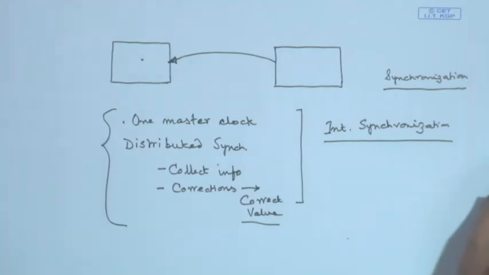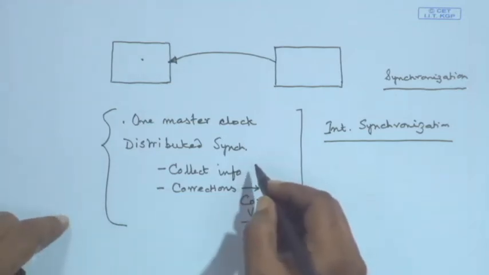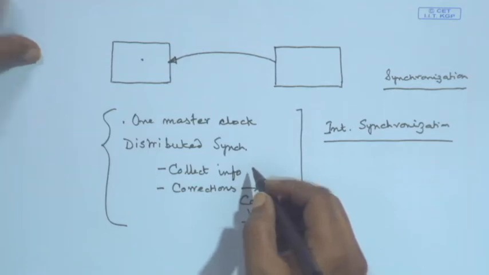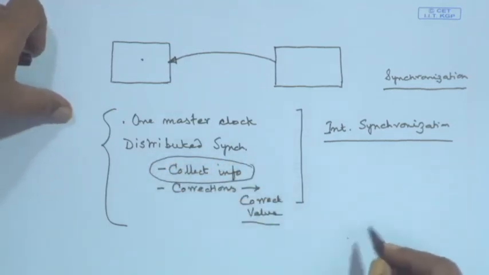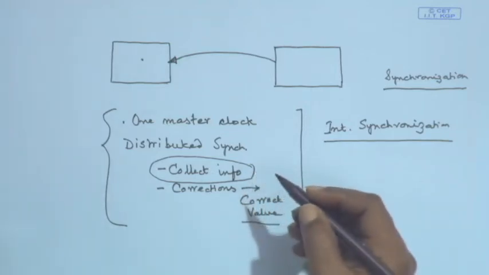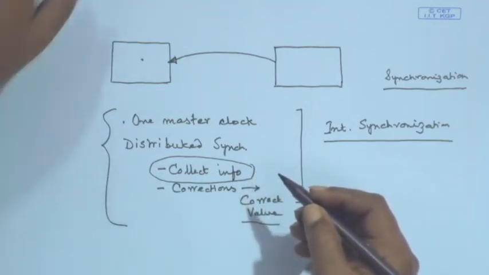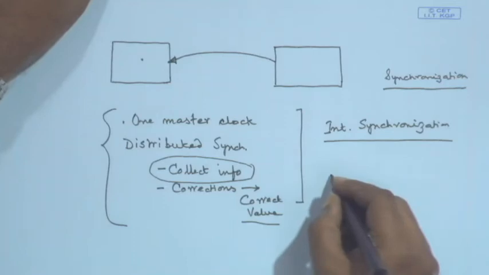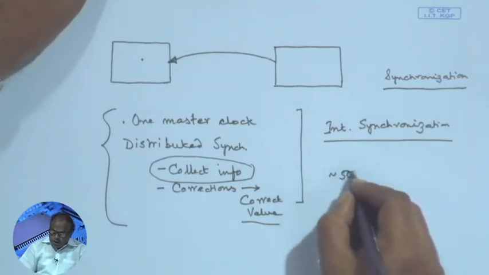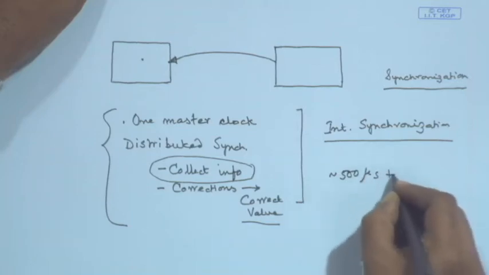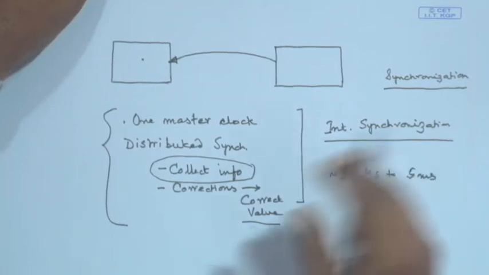Now, the precision of this, that is collecting the information from the neighbors, how frequently that will be done, varies with the application level. For example, at the application layer, it might be at the level of around 500 microseconds to 5 milliseconds. At this interval I want to check.